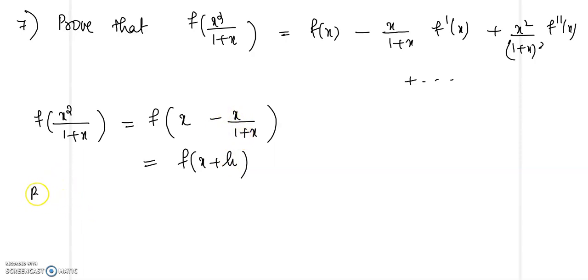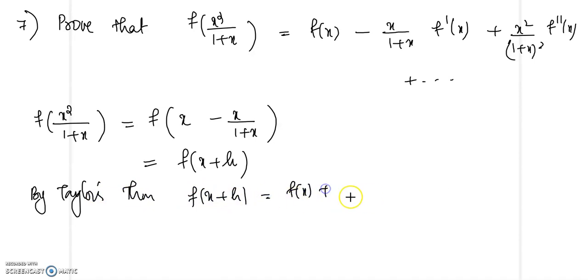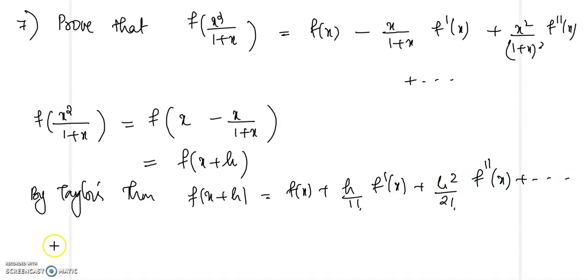Okay, so now by Taylor's theorem, f of x plus h will be equal to f of x plus h by 1 factorial f dash of x plus h square by 2 factorial f double dash of x plus etc. So we need now h here. h will be equal to minus x by 1 plus x.